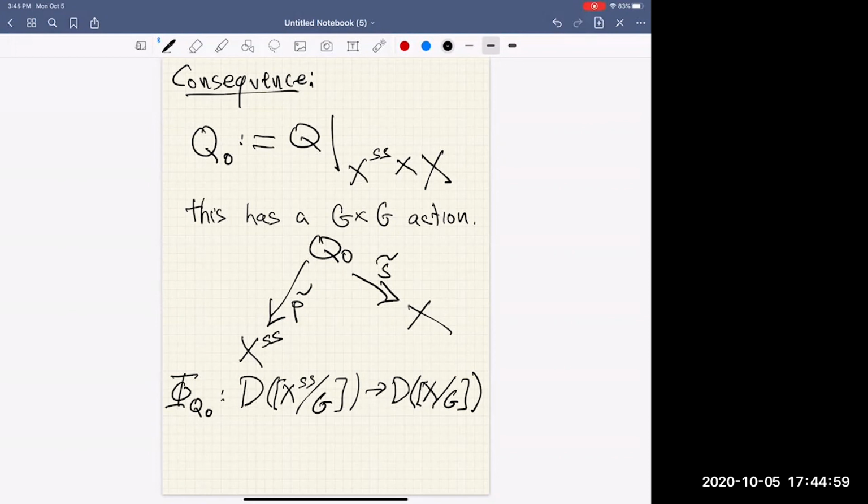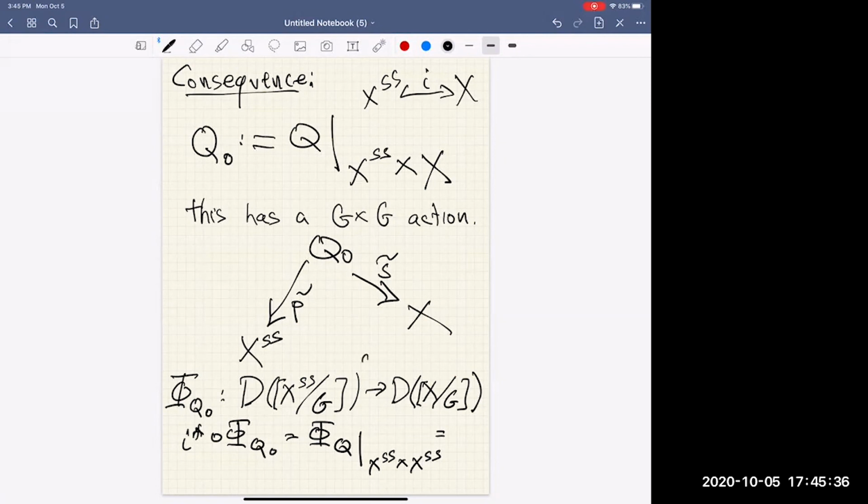So first of all, let me make an obvious observation: if I look at I star composed with phi Q naught, this is phi Q, restricted to X semi-stable cross X semi-stable. And the way that Q was set up, this is... What actually is I? I is the inclusion. Thank you. Yeah. So I'm just saying I have this functor phi Q naught, and I can just restrict.